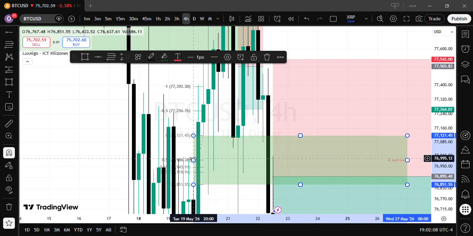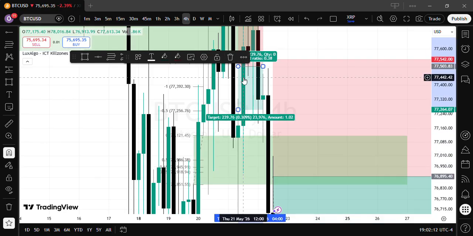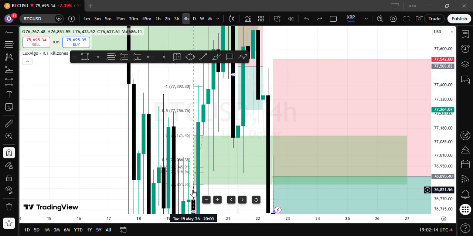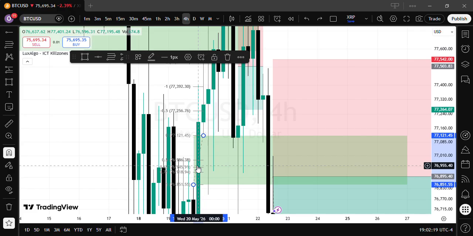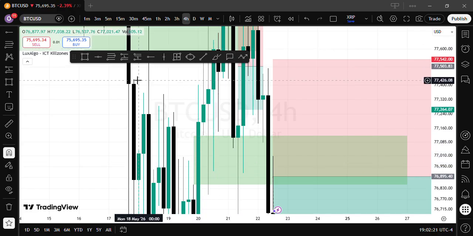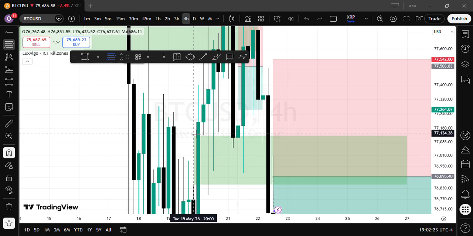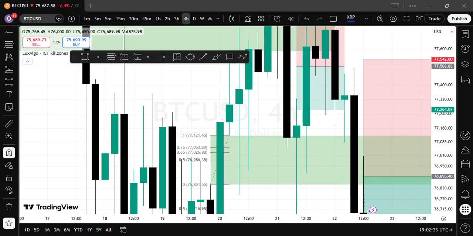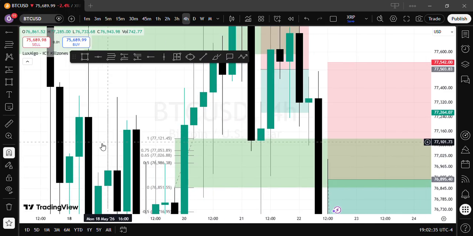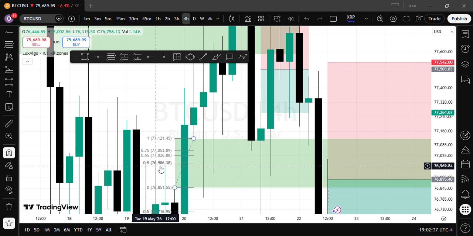I did not draw that properly. Let me delete that and draw it properly right here. So right here is 50%. You can see the 0.5.